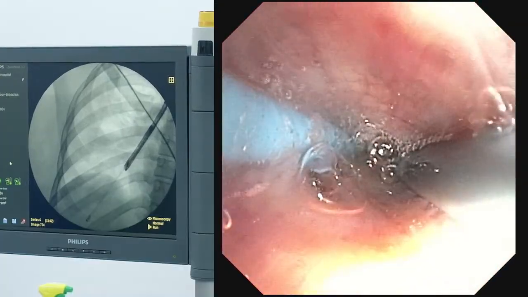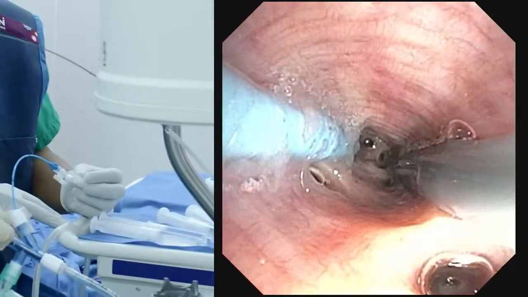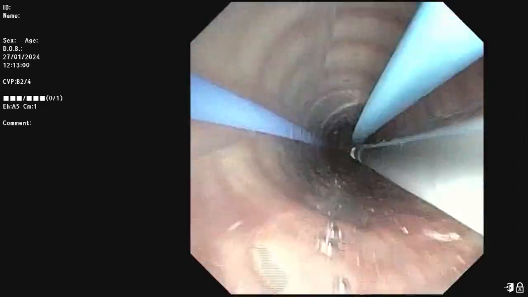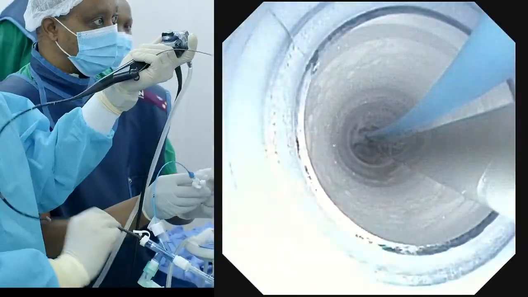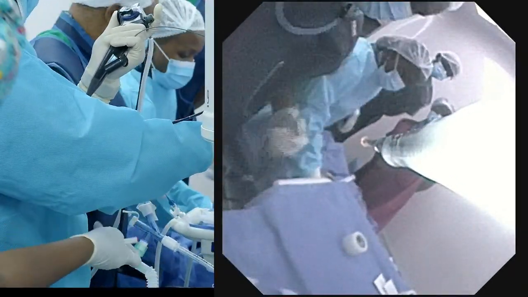Ready for sample? Okay, we'll start with 4 seconds. 1, 2, 3, and 4. Container.